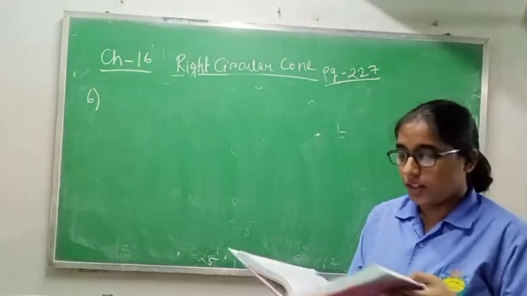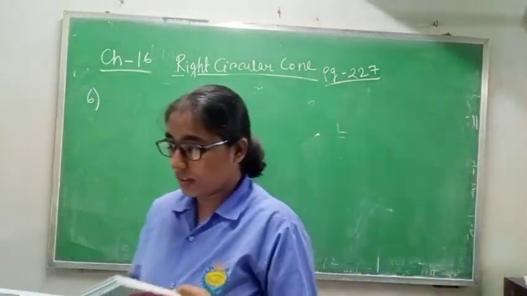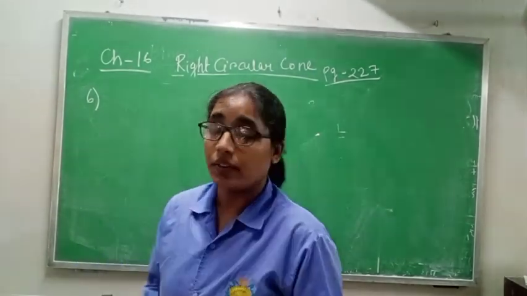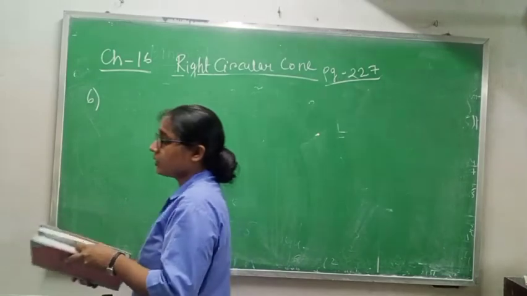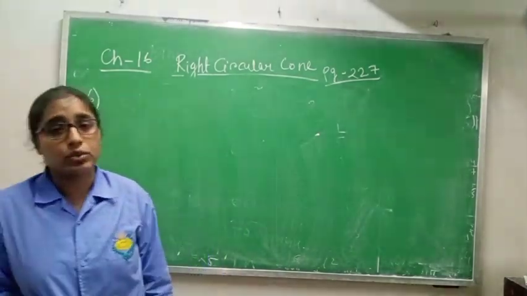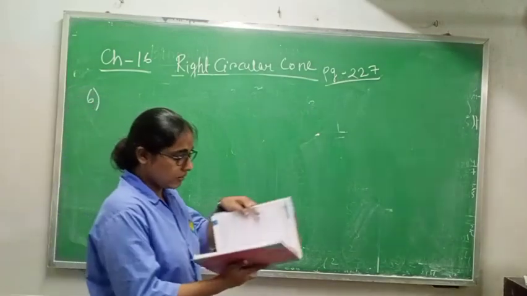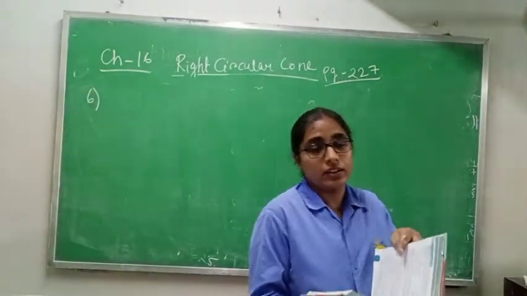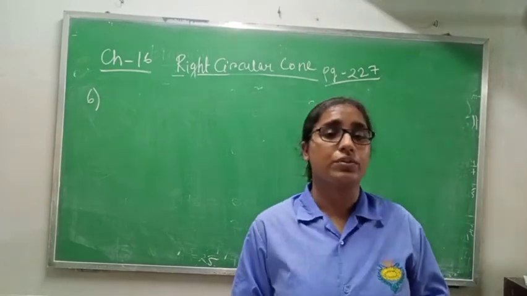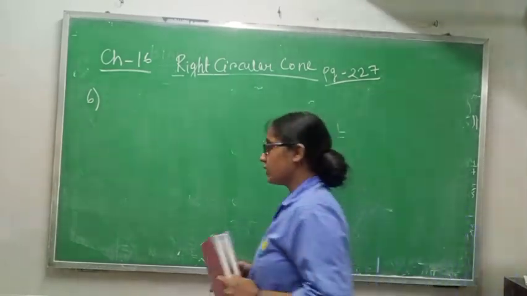It is given 77 square meter tarpaulin is required to make a right circular conical tent. Okay, now you have to understand whether this 77 square meter is total surface area or curved surface area. Now how can you understand?